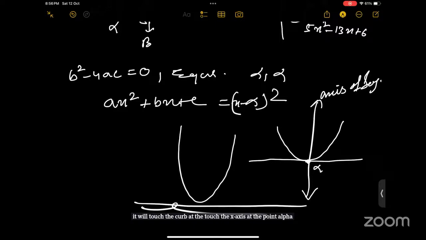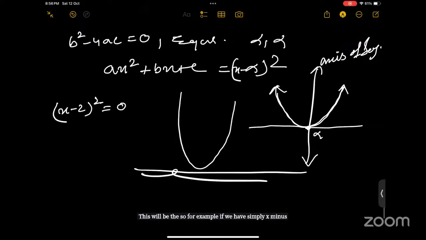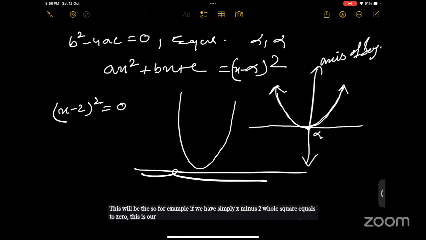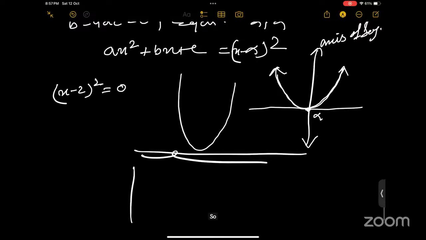Then it will bend. So for example, if we have simply x minus 2 whole square equals 0, this is a quadratic equation, right? And in this case also, we will get two equal roots. So in this case, we will get this type of graph.